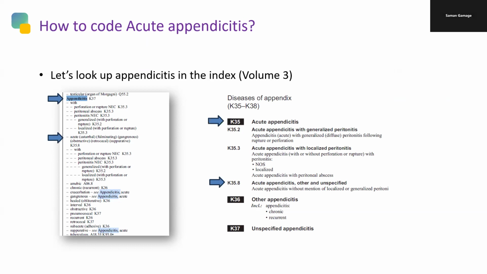Therefore, we assign K35.8 acute appendicitis other and unspecified. Acute appendicitis without mention of localized or generalized peritonitis. This is the appropriate code.